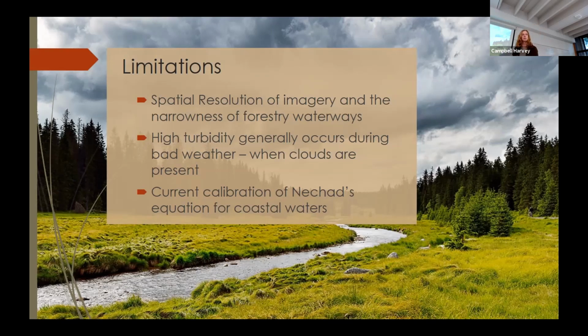These environments are completely different because the sediment particles that make up coastal waters versus our inland waterways reflect light completely differently. It's different chlorophyll concentrations. So you're never going to get a really good estimation of turbidity using this equation in its current state. But that's just because it's currently calibrated for those coastal waters, and there's nothing stopping us recalibrating it for our inland waterways. And they've already done it for a range of other coastal environments across the world.